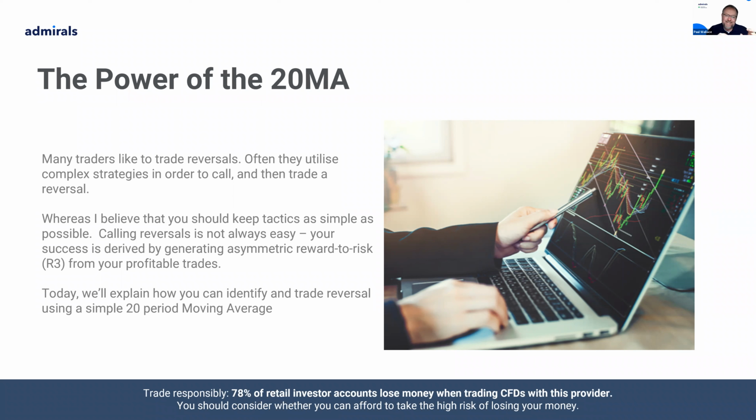You should keep your tactics as simple as possible. It is better to have a simple plan that you can execute flawlessly than a very complex plan which unravels in a fast, dynamic, volatile market. So today, we'll show you how to identify and trade simple reversals using just a simple 20 period moving average.